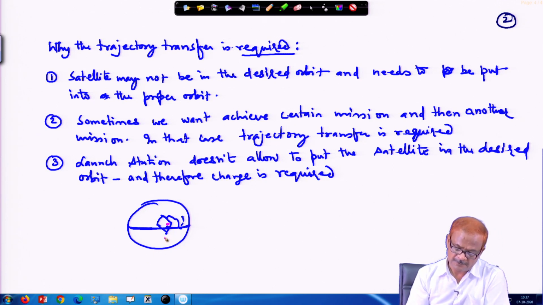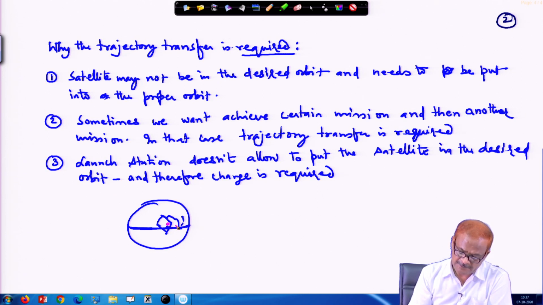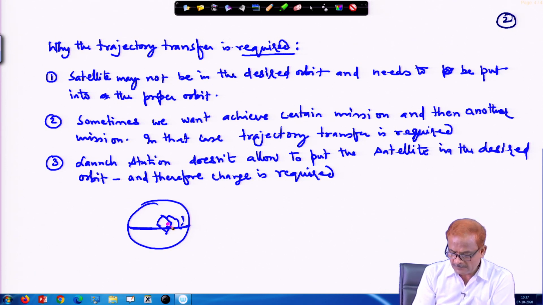Thereafter, you are also interested in launching the satellite. So this launch station, ground station position, does not allow putting it directly into this equatorial orbit.